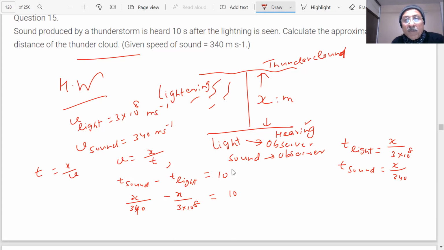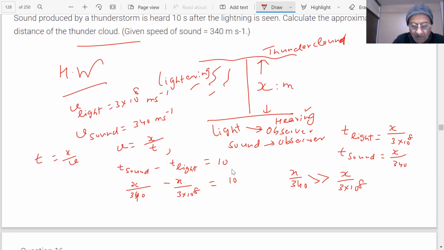This value is much larger than x by 3 into 10 power 8. Now you can neglect this. Then what will be left? x by 340 is equal to 10. Then what is the value of x? 3400 meter.